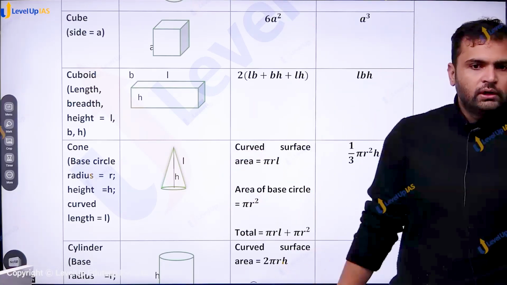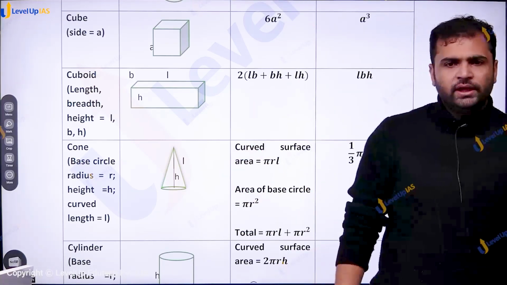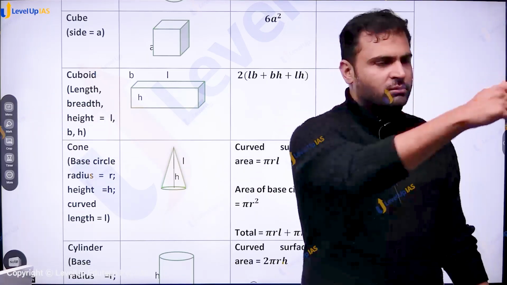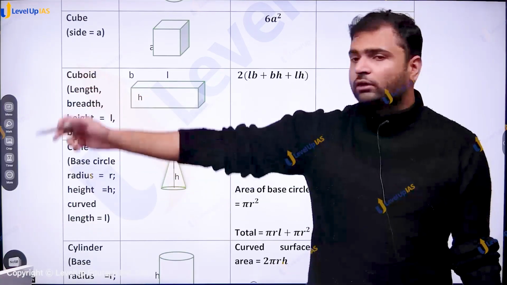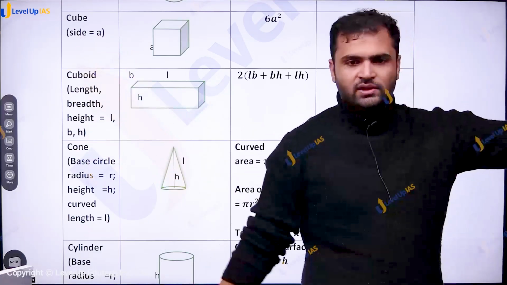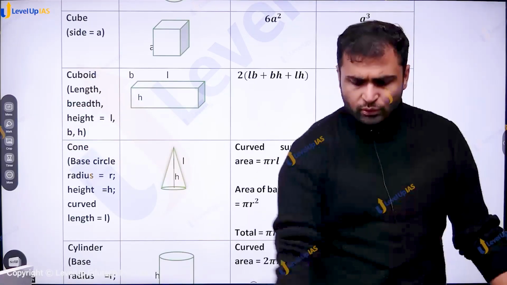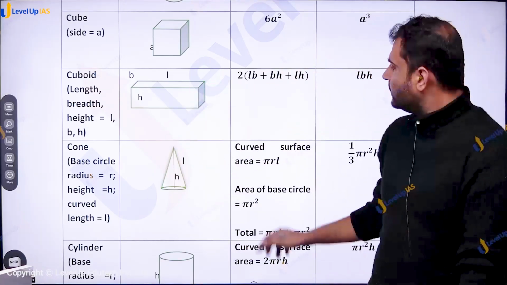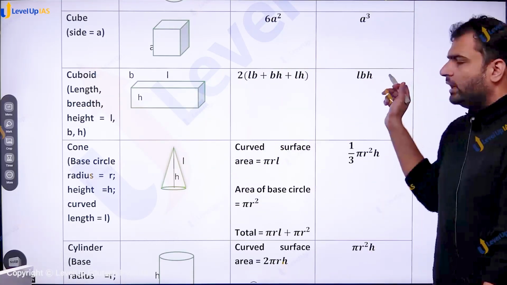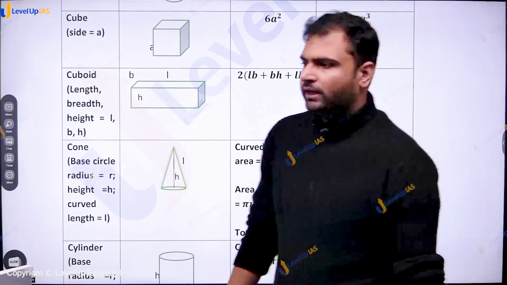So this is a cuboidal room. So what would be the area? Area of the surface, sum of the areas of surfaces. Area of this surface is length into height, LH, which is same as this. So 2 times LH, 2 times LB and 2 times BH. That would be the surface area, and volume would be length into breadth into height, L into B into H.